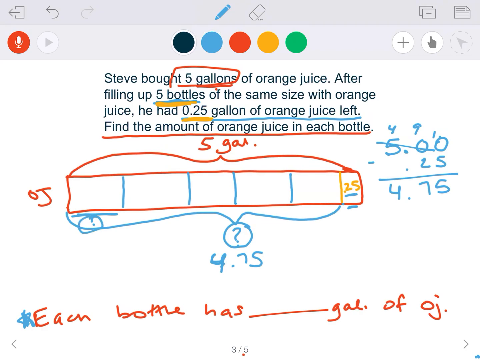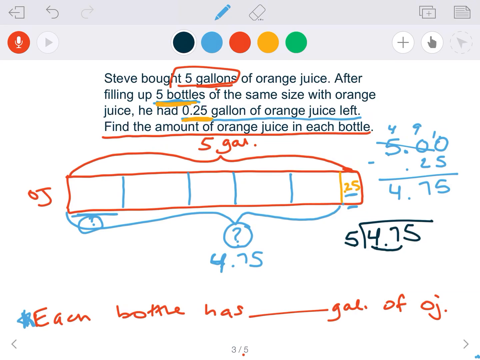I'm going to switch colors again. This is 4.75 divided by, we had 5 bottles. So I do not have enough ones to go into 5 sections. So instead of thinking of this as ones, I'm thinking of this as 47 tenths. 47 tenths.